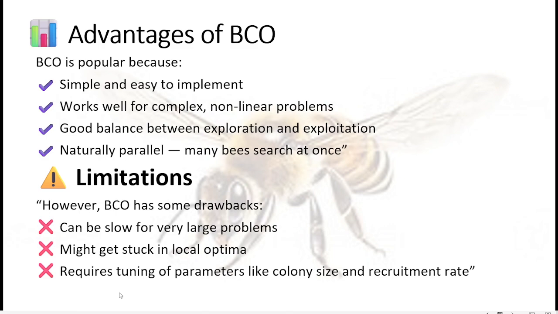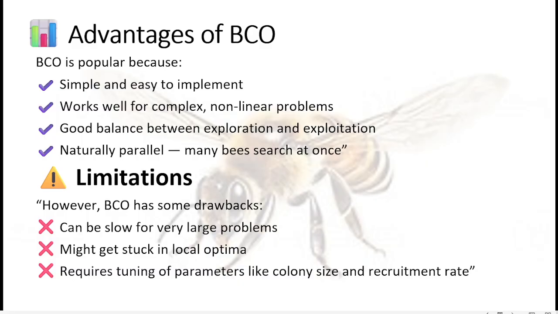Then it works well for complex nonlinear problems, useful when mathematical optimization methods fail, and it is a good balance between exploration and exploitation. Exploration means finding new areas. Exploitation means improving existing solutions. Then it is naturally parallel, which means many bee agents search at the same time, which speeds up solving.